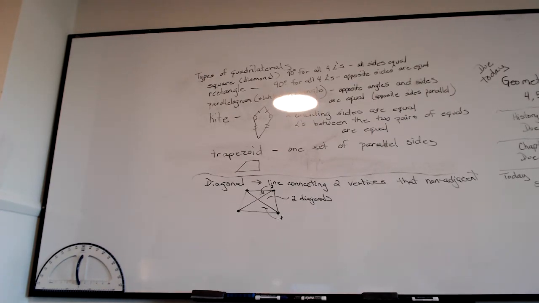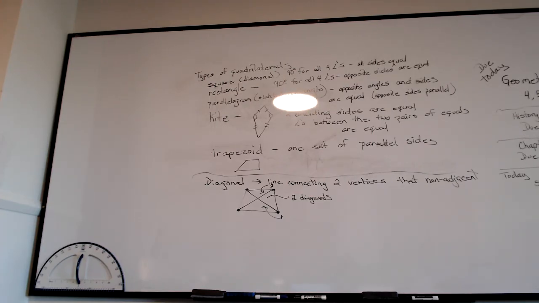Again, a lot of geometry is definitions and knowing what things are true about those. That's really what we're doing in geometry, and that's why we do a lot of proofs, to prove something's true based on all those definitions. But again, we don't use this in real life. You're never going to prove something like that.